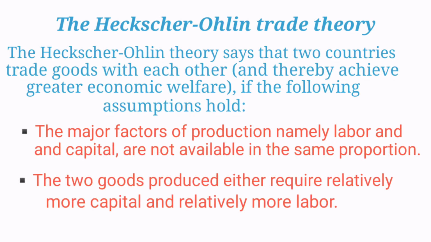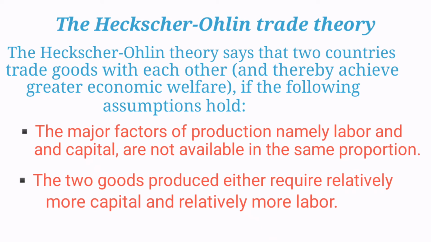Now we go back to the Heckscher-Ohlin trade theory. Its theory says that two countries trade goods with each other and thereby achieve greater economic welfare if the following assumptions hold. There are a lot of assumptions in Heckscher-Ohlin trade theory, and I'm just going to give you two because these are the central assumptions.